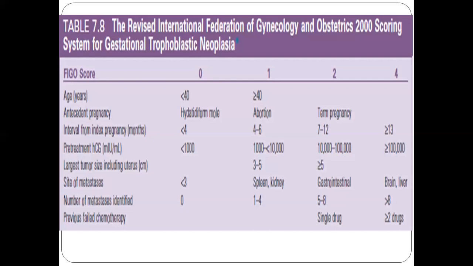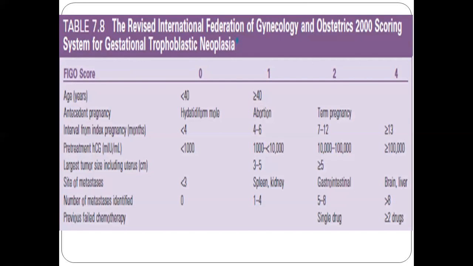Then the largest tumor size, whether the tumor is in the lungs or the uterus, you take the size and then you score it as appropriate. Then the sites of metastasis. If they spread to the lungs, that is recorded as low risk. But if there is metastasis to the liver, brain, kidney and spleen, that is categorized as high risk. And then the number of metastases, you count the number of metastatic sites, and that is used for scoring. And finally, if the patient has had prior failed treatment like chemotherapy, then you score as appropriate.